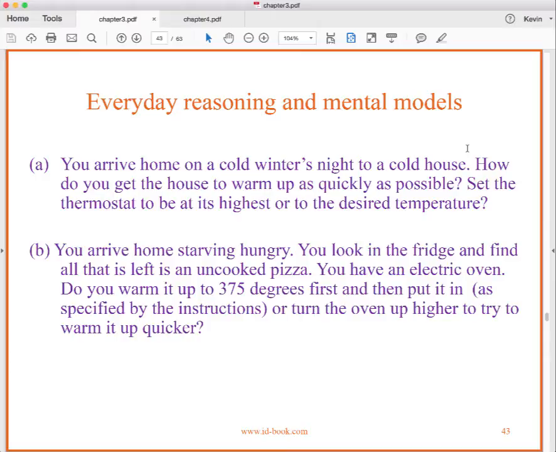So they're going to get hotter at a constant rate until they reach the target. If that's your mental model, then you're going to set it to the target temperature. But if you have a mistaken one, then you might set it higher than the target temperature with the mistaken idea that it's going to happen faster. And with ovens that have a thermostat and with houses that have a thermostat, this is just untrue.